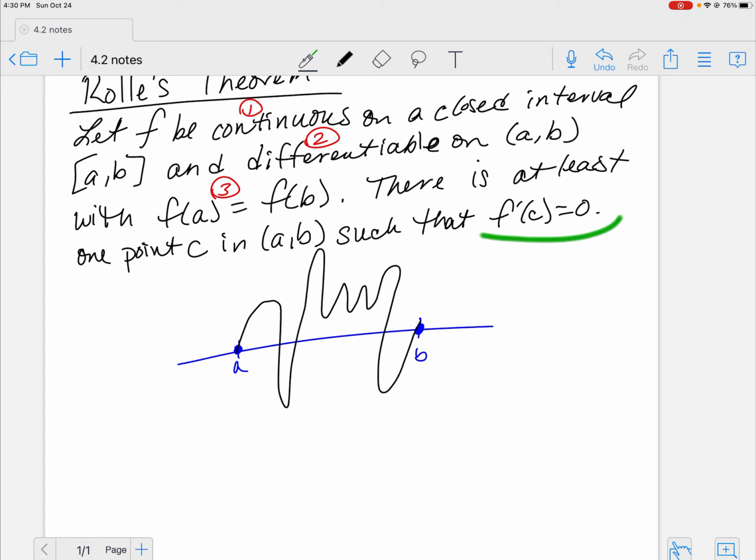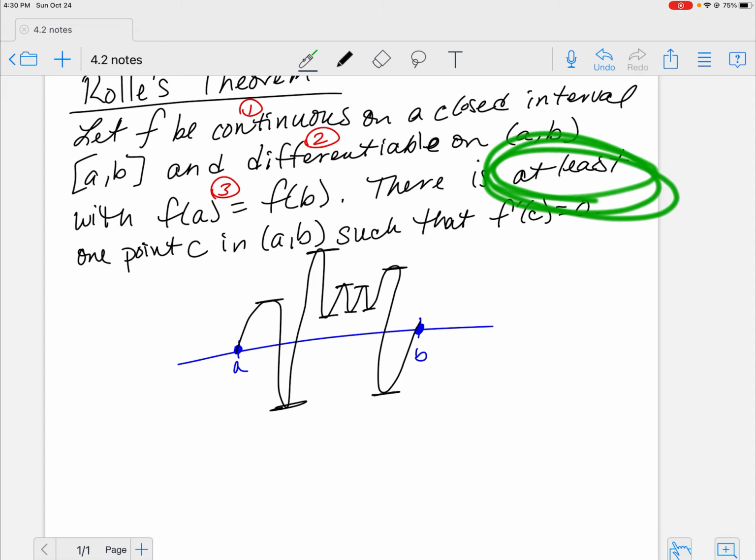What does it mean when you have a derivative equal to 0? Yes, that's that max or min, right? That's that horizontal tangent. If I start here and I end here, then whatever is happening between here, I've got all of these horizontal tangents that are happening. What does this say? At least one point is going to have that horizontal tangent.